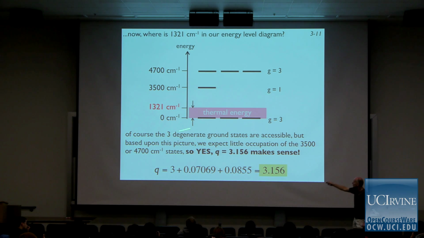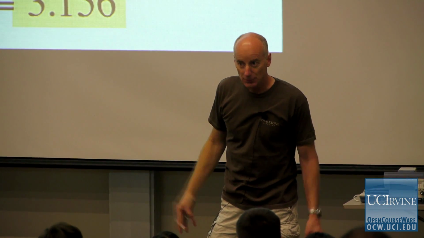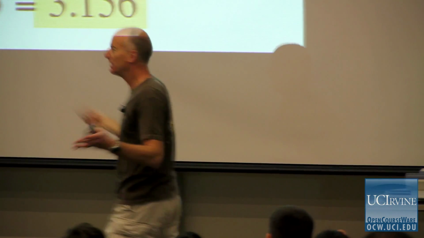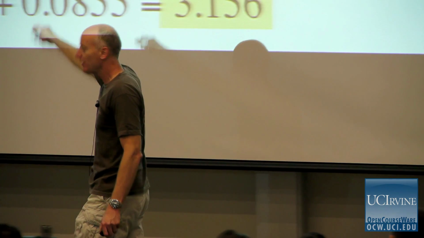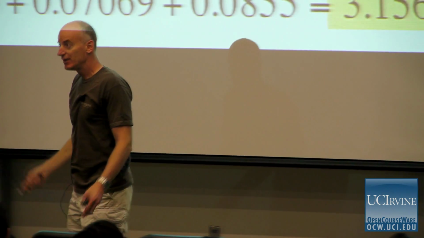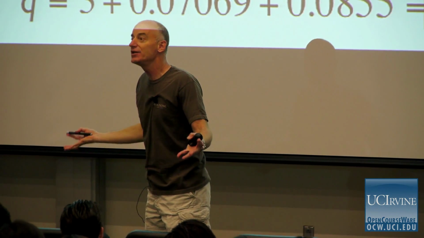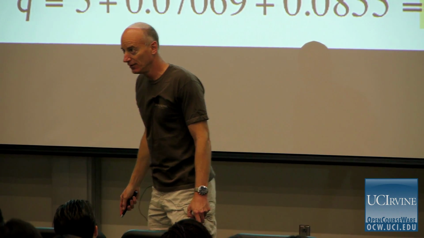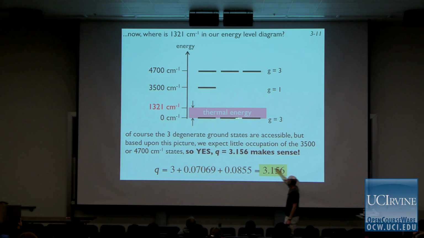And so now we have to ask the question, what do we expect the partition function to be in this system at this temperature? Well, these ground states are definitely going to be thermally accessible. The ground states are always going to be thermally accessible when they're at 0 energy. They would be accessible at 1 Kelvin. So we know that the partition function is going to be at least 3.